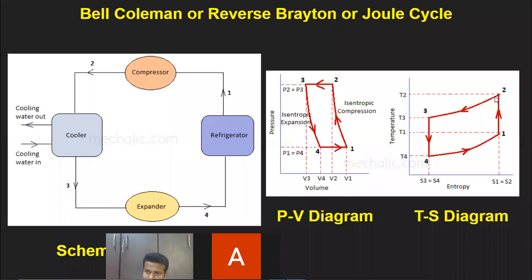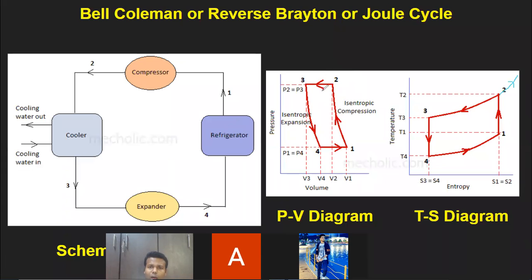From point number 2, we can also move in a vertical direction along this line. If you want, I will also show that to you. From point number 2, you can also move upward like this. But why we are moving in a downward direction is that here the cooling occurs.